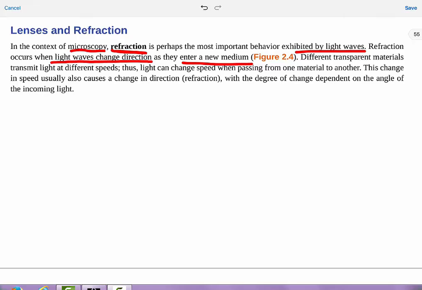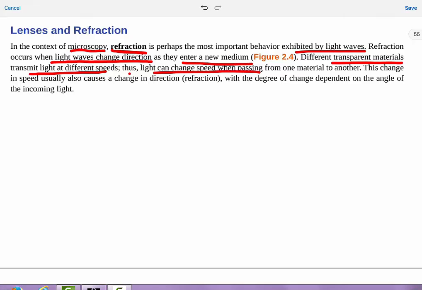And this is important when we are talking about light waves going through air, and then light waves going through a lens, and then light waves going through the specimen that we are looking at in a microscope. So different transparent materials transmit light at different speeds. Thus, light can change speed when passing from one material to another.